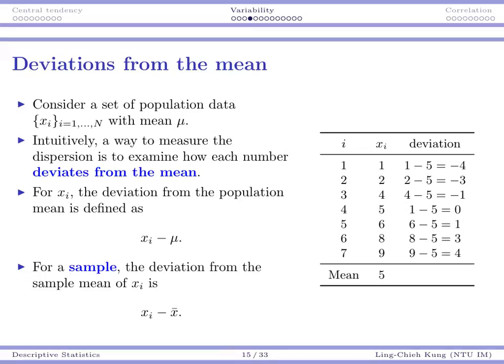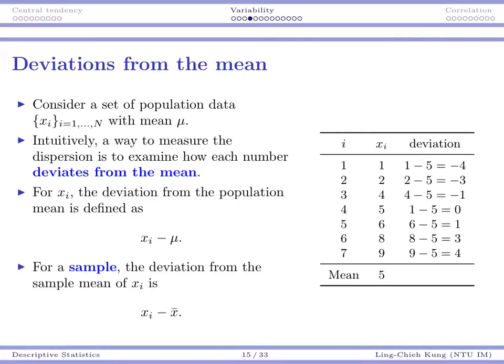Let's first consider a set of population data. There are capital N numbers and the mean is mu. Intuitively, if we want to measure the dispersion, then we want to see how each number deviates from the mean. We want to find the difference between each number and the mean.